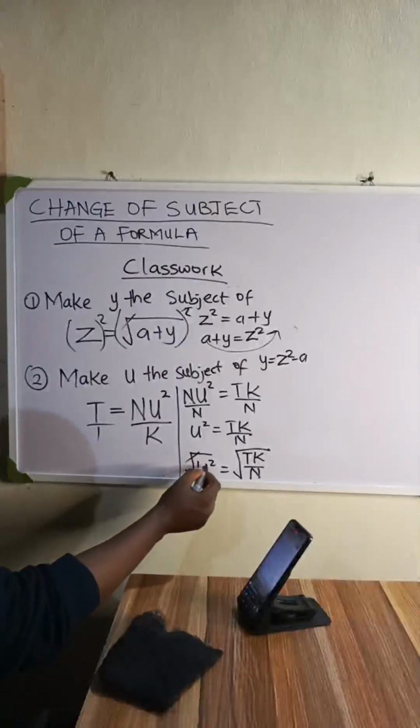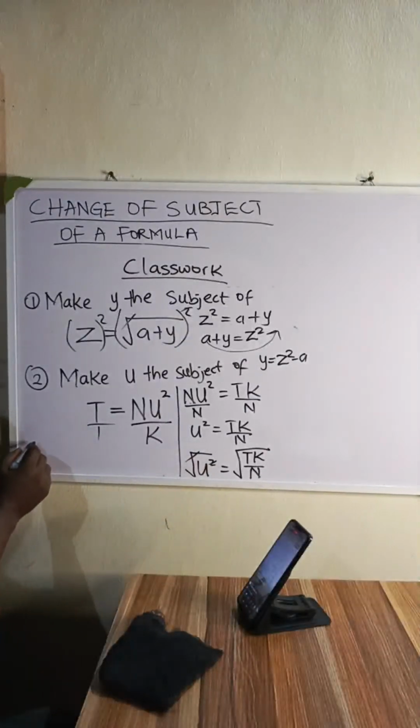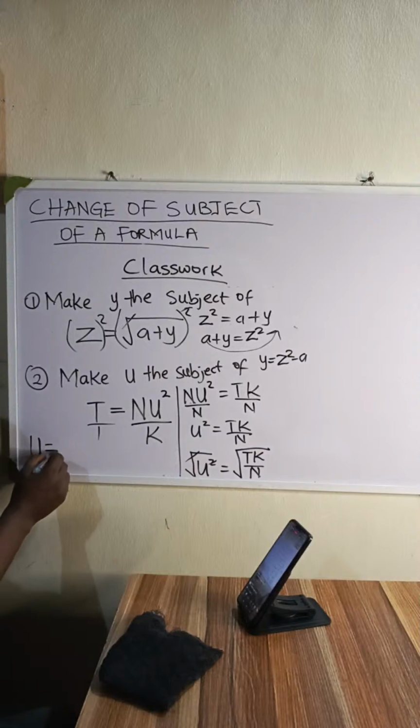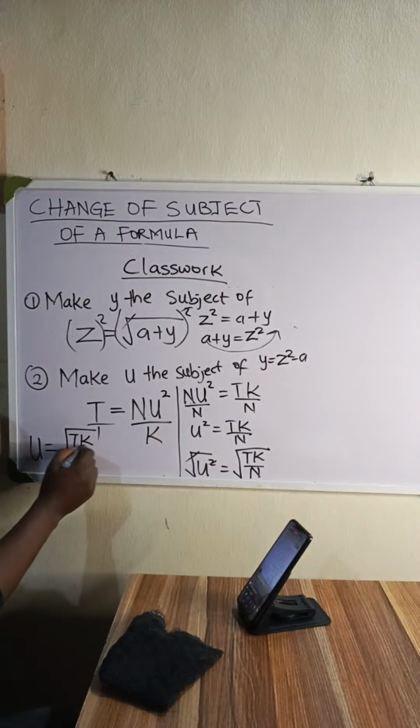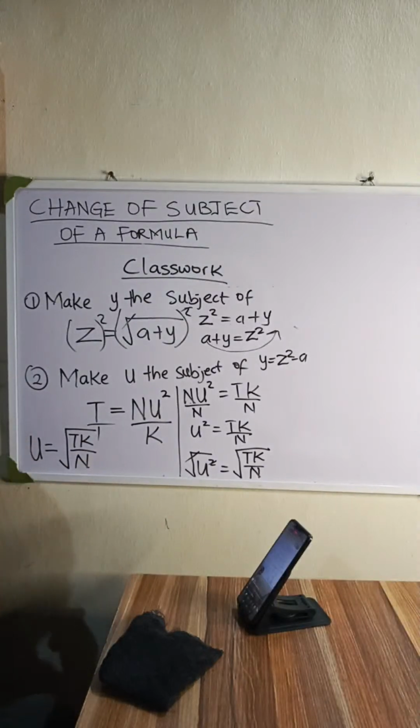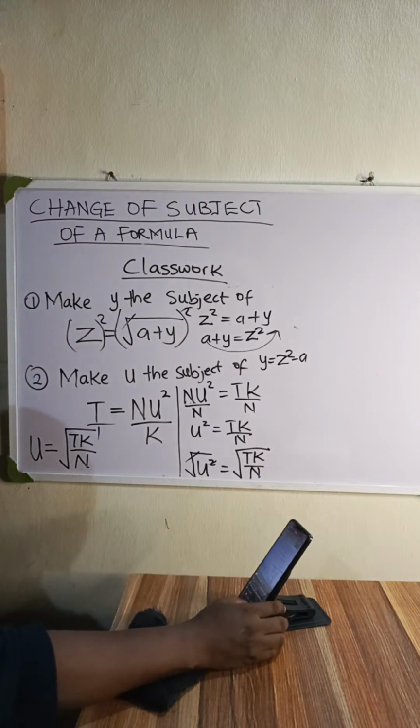The square root will cancel out with the square. We finally have u is equal to the square root of tk all over n. That becomes the answer.